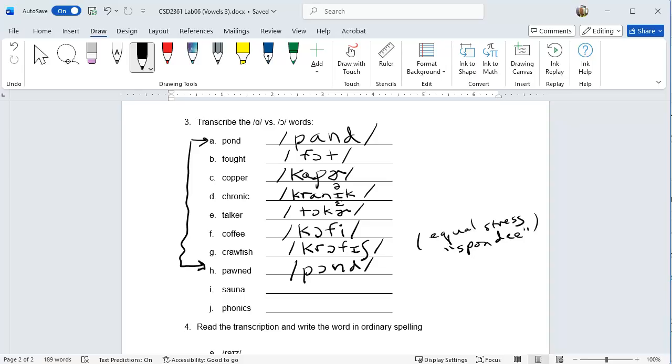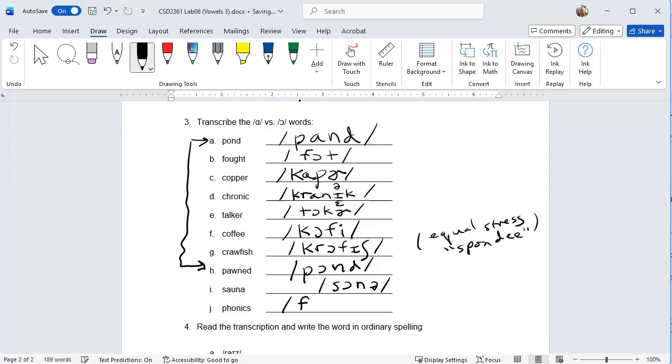All right, next up we have sauna, with the aw vowel. And last but not least, we have phonics.